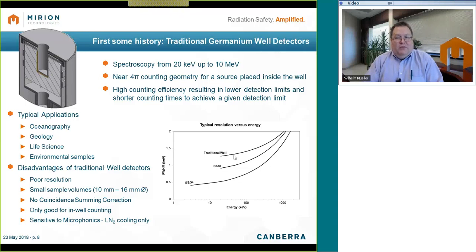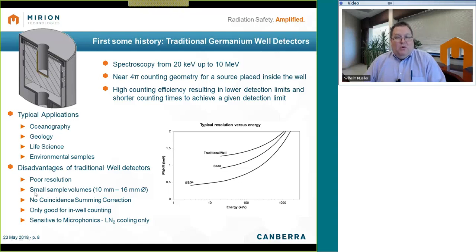The reduced energy resolution would increase your background, which reduces your sensitivity. But since that goes as the square root, you can still get a gain in your overall minimum detectable sensitivity.